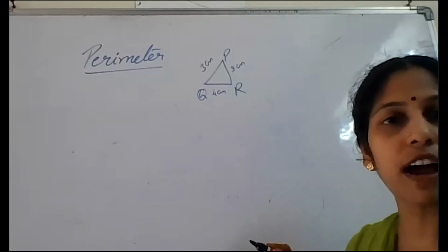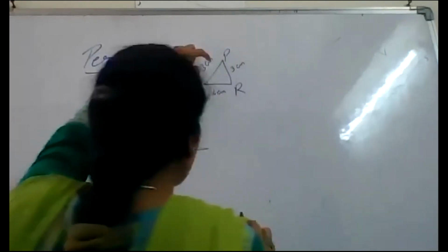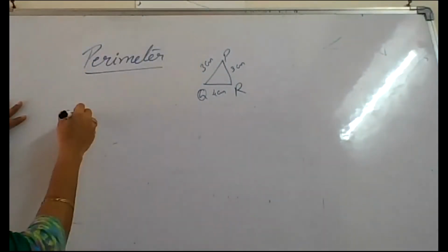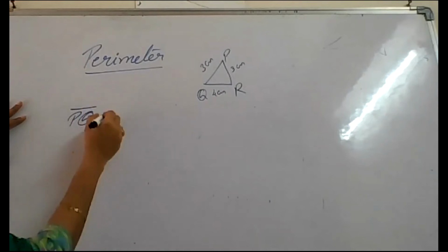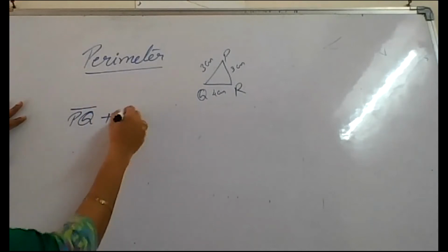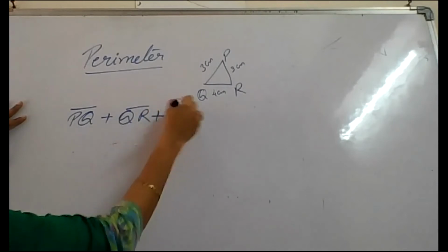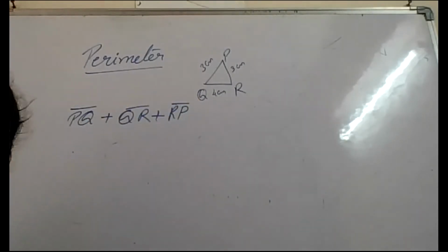Whenever we need to find the perimeter, you have to sum up these 3 sides. What are the 3 sides of this triangle? One is line segment PQ plus line segment QR plus line segment RP.